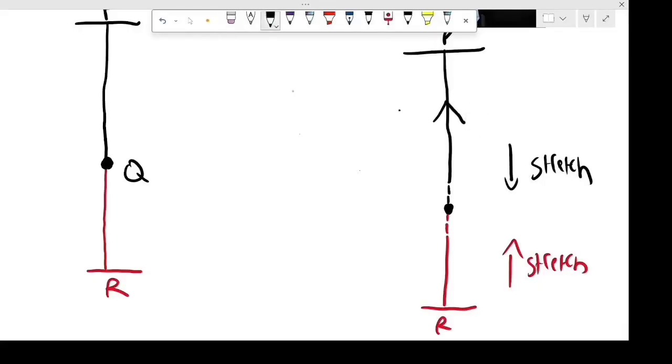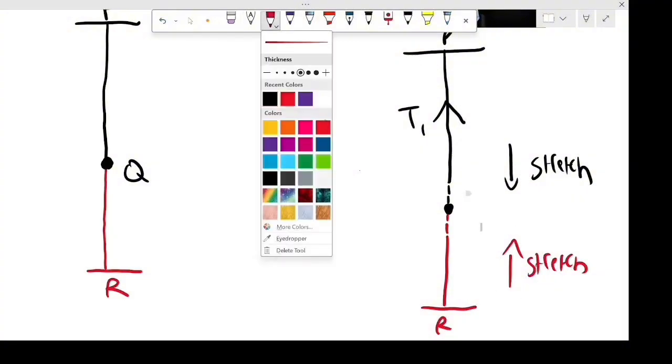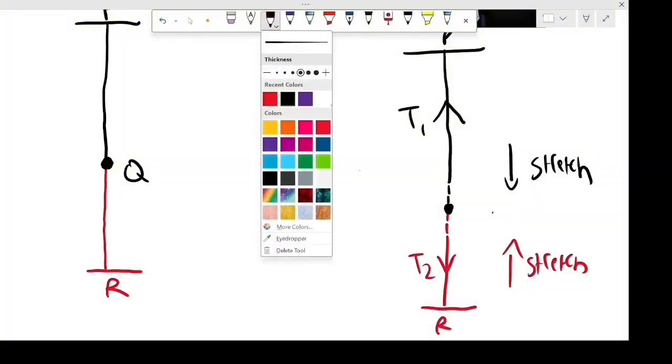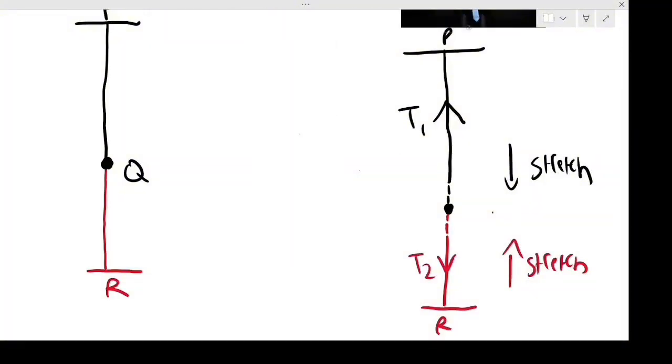I'm going to call that T1, my tension force. Likewise, the red string is being stretched up, so the force in the red string is going to act down to oppose the upward stretch. I'm going to call that T2, tension T2. So those are my two tensions. Again, they're going to be different because the strings are different here.